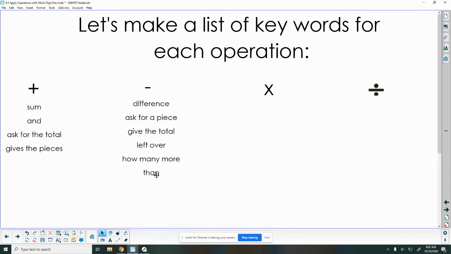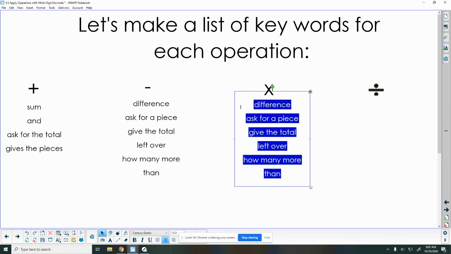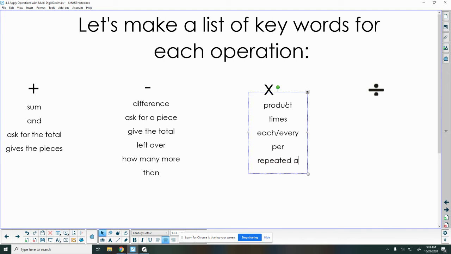So then let's move on to multiplication. So when I'm multiplying, the answer is called a product. And some things it might say is we might hear the word times. How many times this? Or it might say each or every or per. It did this every time. So when we see repeated addition, we know we want to multiply.